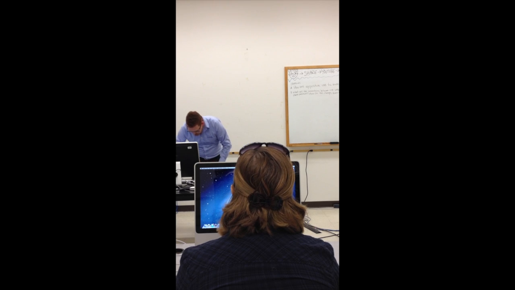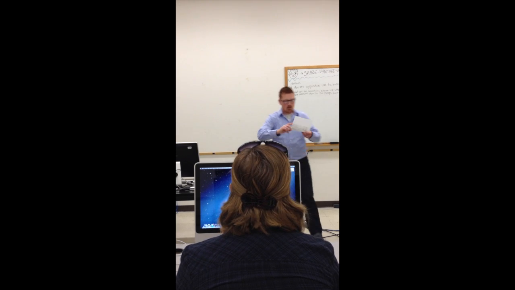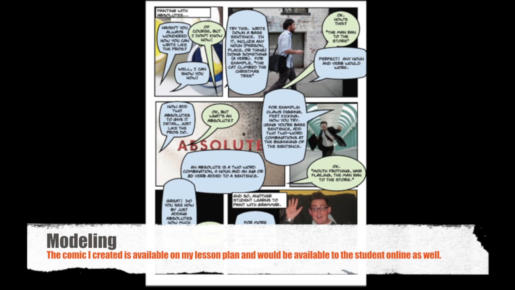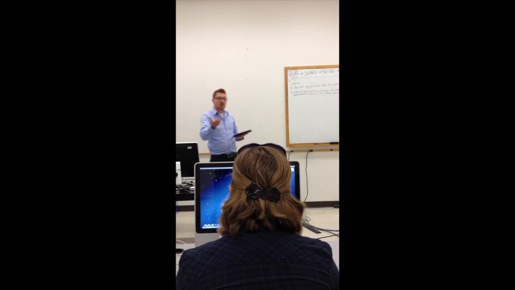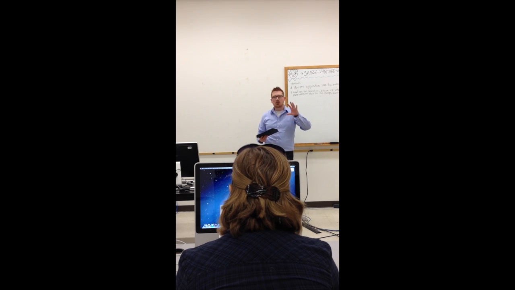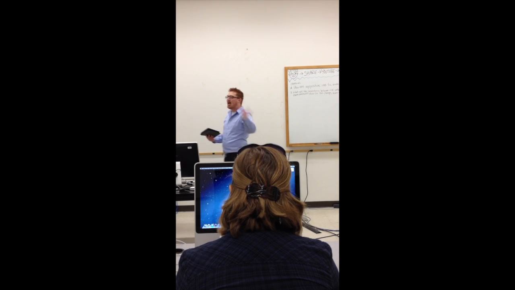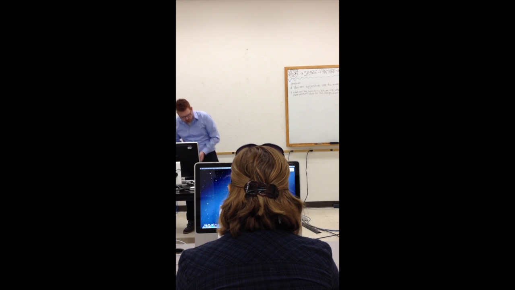So what I would like to do now is go ahead and pass out the cartoon. This is going to be a cartoon basically illustrating how appositives work in the context of your sentence. So inevitably you're going to start with your base sentence and then add the appositives to make it more vivid.